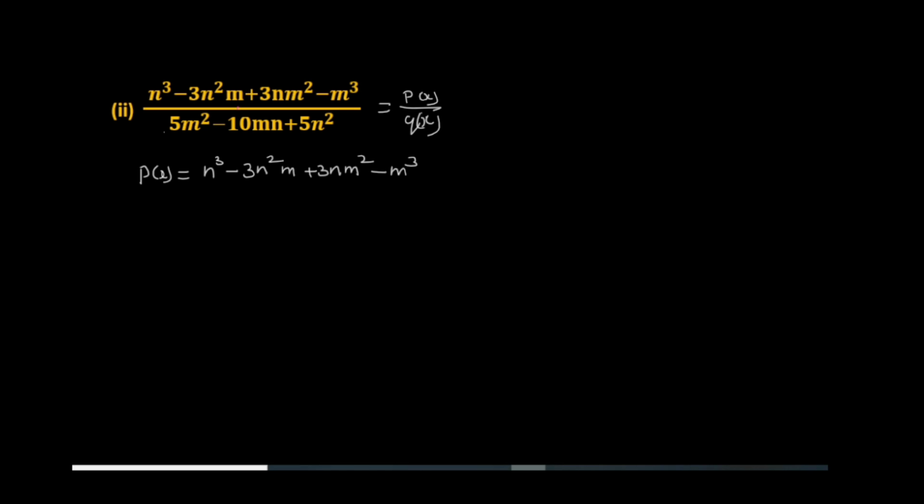This is in the form of a cube minus 3a squared b plus 3ab squared minus b cube, which is nothing but a minus b the whole cube. So in this numerator, our a is n and our b is m. So we can factorize p of x as n minus m the whole cube.